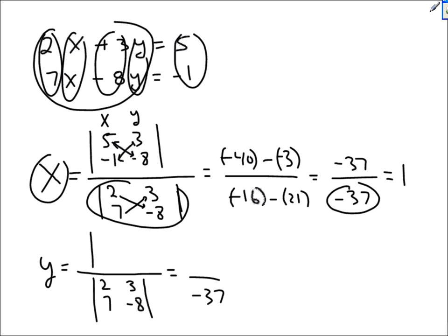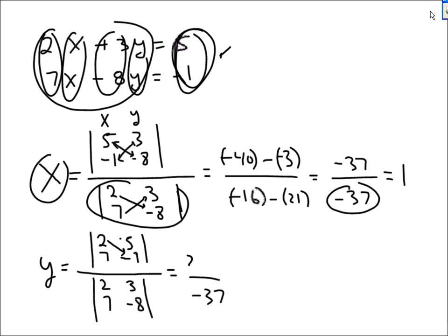For the top, it's the same, with one change. If you're solving for y, you erase the y column, and you put the right-hand numbers, 5, -1.